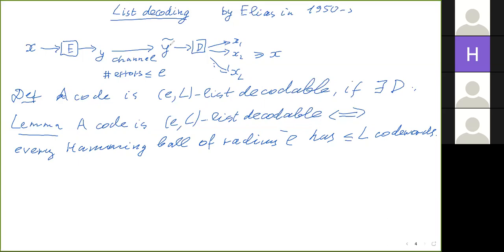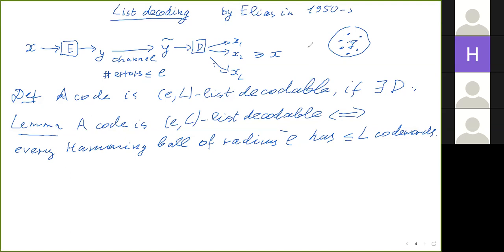Indeed, when we receive some Y, the algorithm D should output the list of all possible code words at Hamming distance at most E from Y. If there are at most L of them, then it will output a list of at most L, and certainly it will include the original Y because it is at Hamming distance at most E. And if there is some tilde Y for which the Hamming ball has more than L, say L plus 1 code words, then that tilde Y may appear as the output of the channel for all those possible code words, and so the algorithm D should output all of them in the list, otherwise it is wrong.